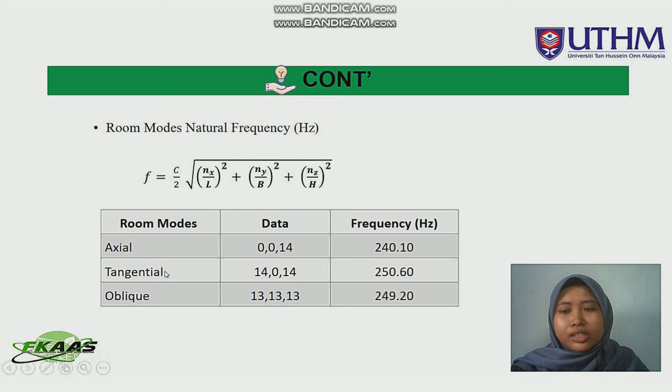For the tangential, the data is 1 4 0 14 with a frequency of 250.6. And for the oblique, the data is 13, 13, and 13, and the highest frequency is 249.2. That's all the calculation for the acoustic design. Thank you.